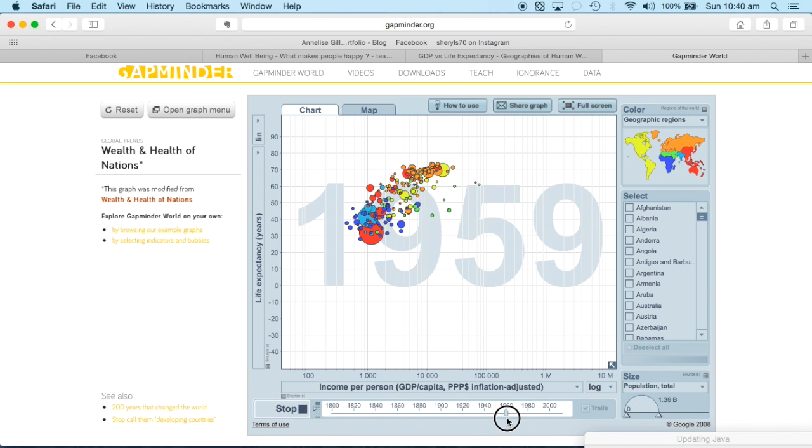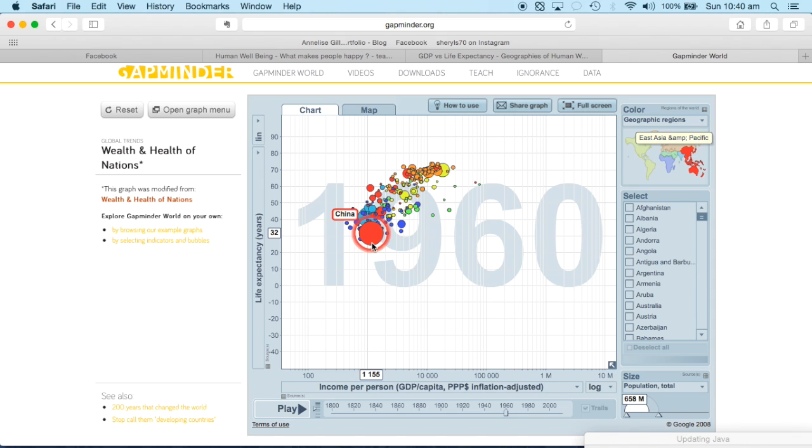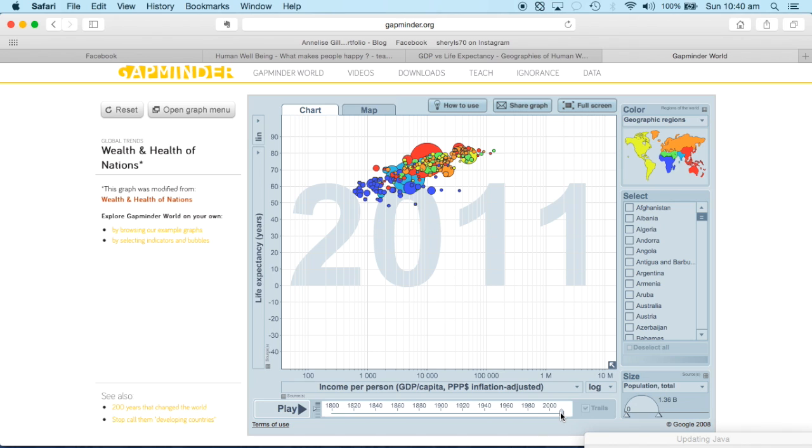And you can see back here in 1960, the average life expectancy for China was down to 32, which is quite a dramatic drop from where we are now. Okay, the second question looks at the lowest GDP per capita.